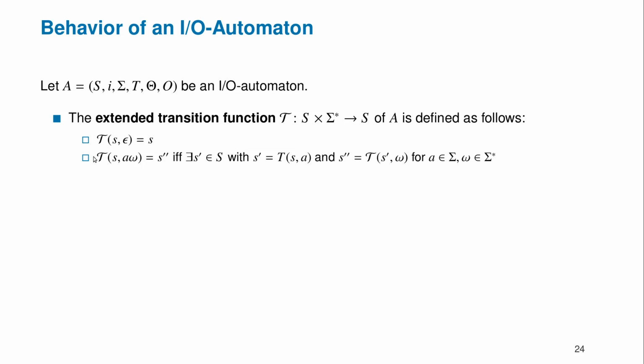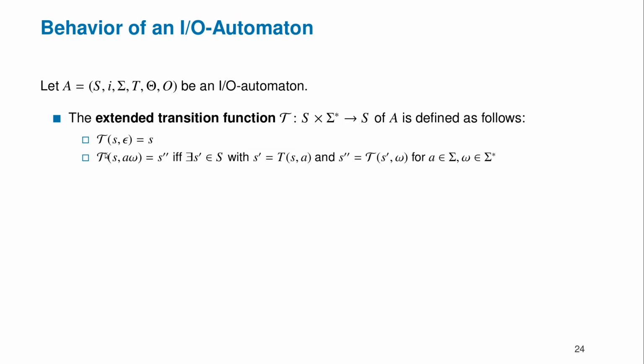More interesting is the other case where the input word is not empty, but where I have at least one letter. Now we give a definition of the extended transition function, where the first argument is again a state, and the second argument is a word with at least one symbol from the input alphabet. Say it's A, and the remaining word omega is a word also built from symbols of the input alphabet.